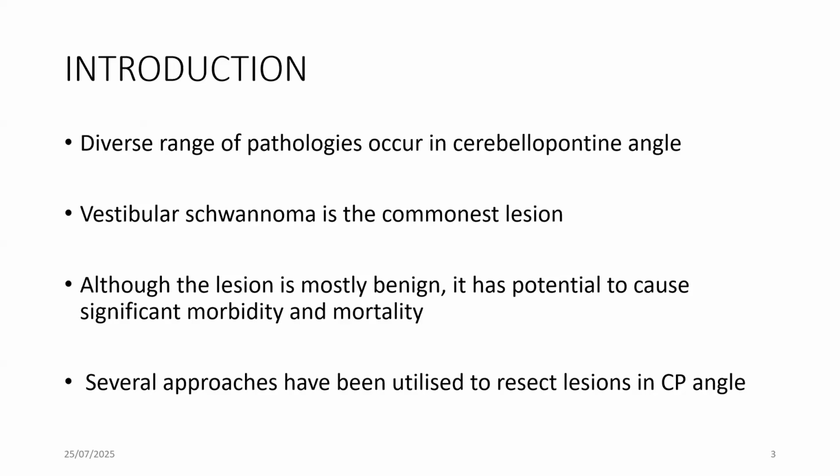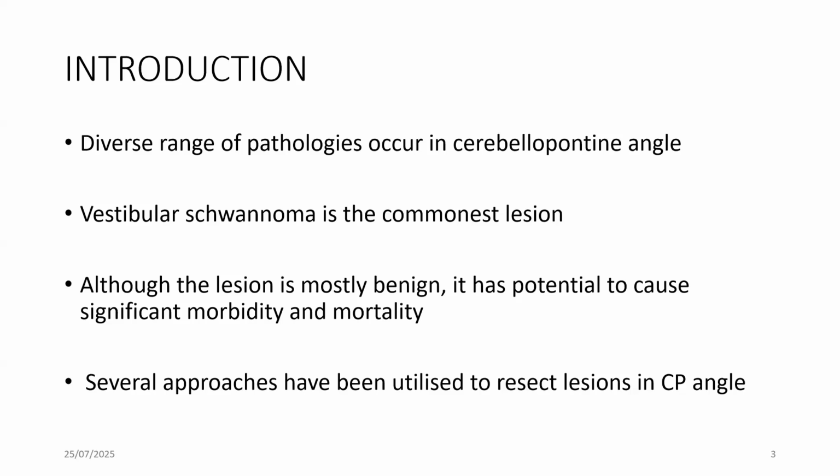This is due to the important neurovascular structures located in this region, and also the presence of the brainstem. So even if a lesion is benign, compression on these structures can cause significant morbidity to the patient, and if it compresses the brainstem, that can cause significant morbidity or even mortality.